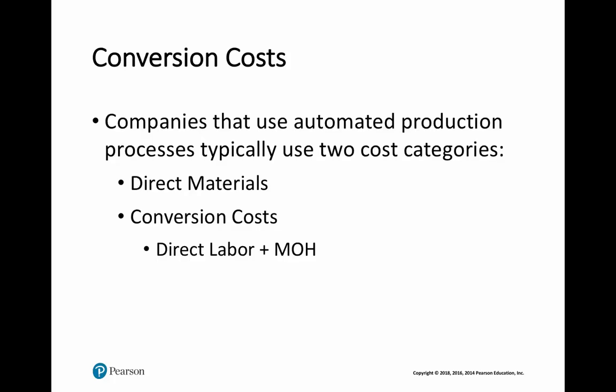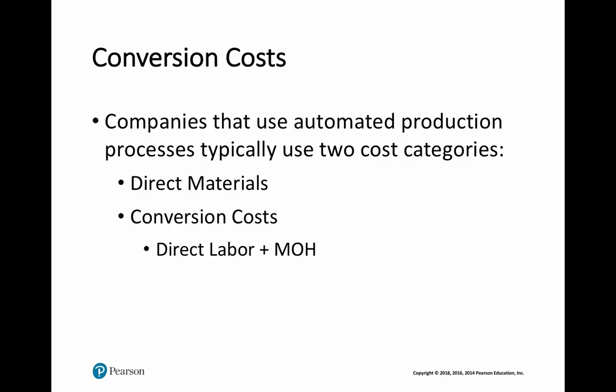So for most companies, and just keep in mind as we talk about our three manufacturing cost categories, for manufacturing companies that use process costing, generally they just break it down into direct materials and conversion costs. They don't take the time to separate out direct labor and manufacturing overhead.